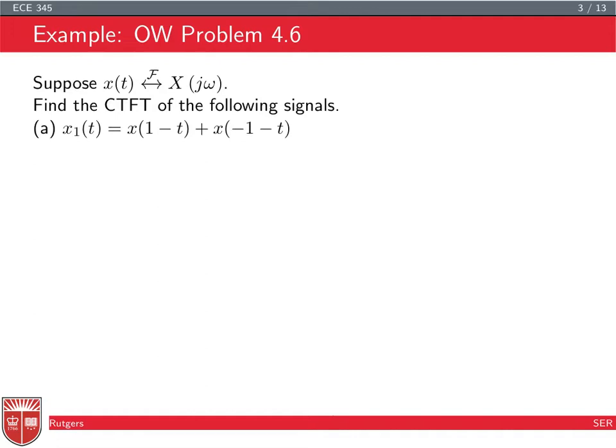So let's rewrite this in a way that we can model this flipping and then the shift. We can write this as x of minus t plus 1, and then plus x of minus t minus 1.